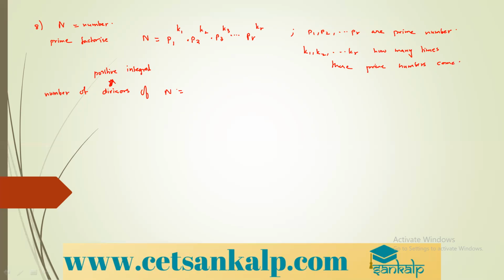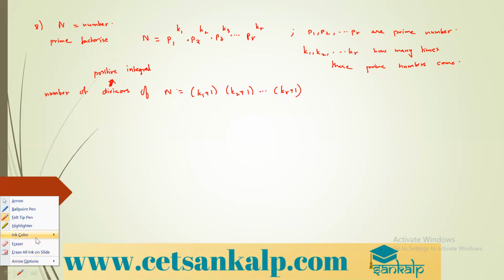That means when I'm counting the divisors, I'm counting integers, that too positive integers of this number n. You have to write it as k1 plus 1 into k2 plus 1 into kr plus 1. This is the formula. You will understand better if I give you one example.